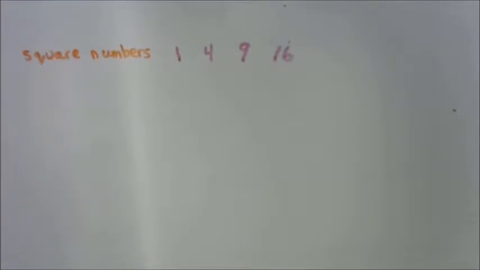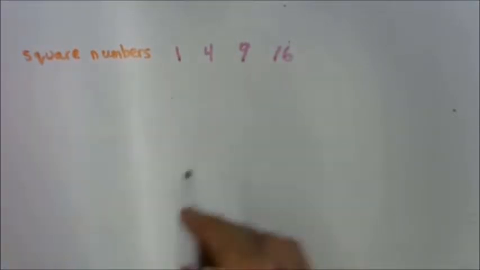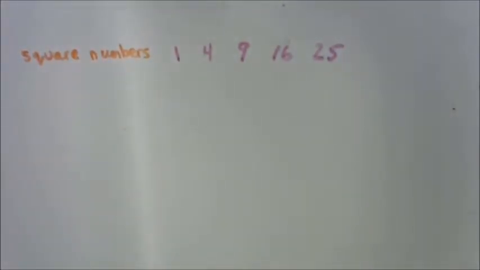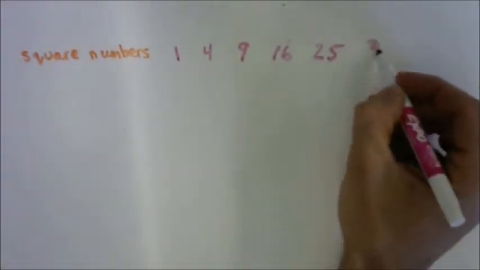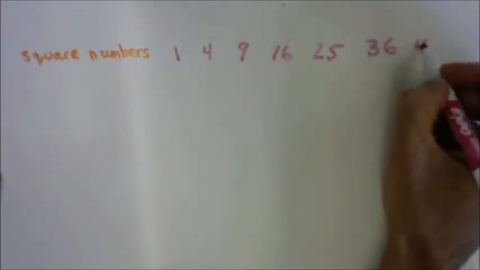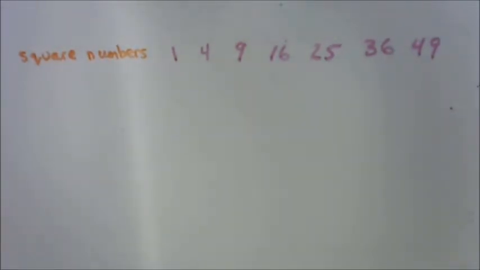Jonathan? 25. Paul? 36. Where are you guys getting these numbers from? Isaiah, what is the next square number? 48. No. Close, your multiplication is wrong. 49.